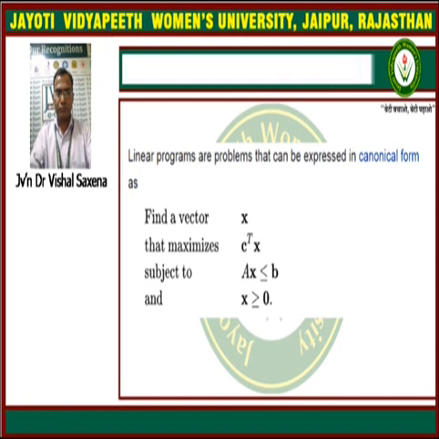It may be 1, 2, 3 or 4 or more constraints. But what is important is that the objective function as well as the constraints will be in linear form, and x greater than or equal to 0 is called the non-negative condition.